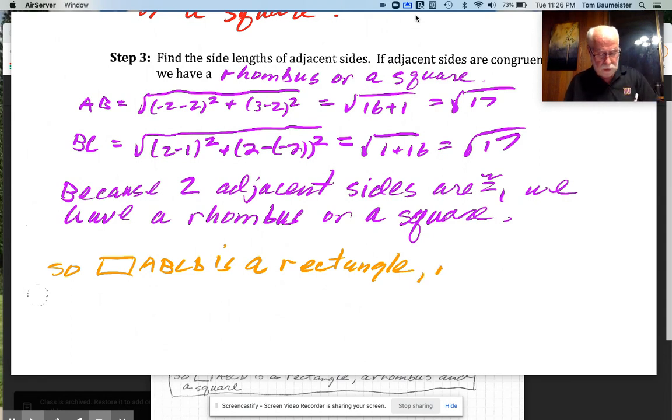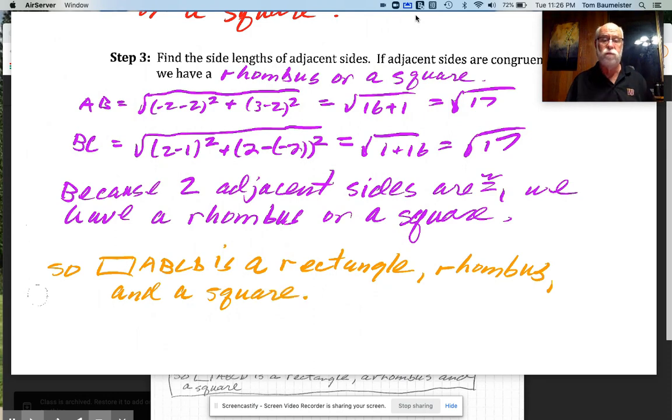The bottom one says it's a rhombus and a square. So I just said and a square twice, so it's a rectangle, rhombus, and a square. So in this case, it was all three of them. It's not always going to be the case, but this time it was. Sorry, the notes were a little long, but hopefully that'll help you with your homework.